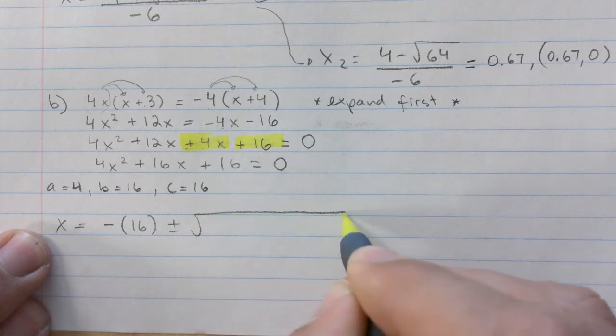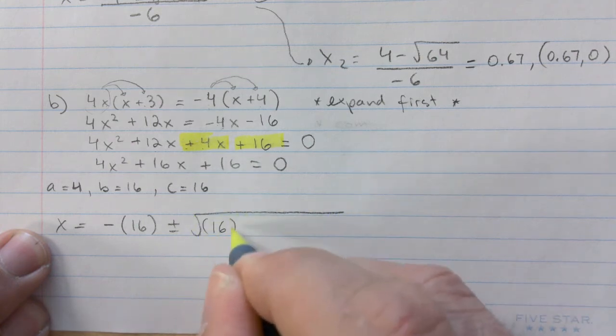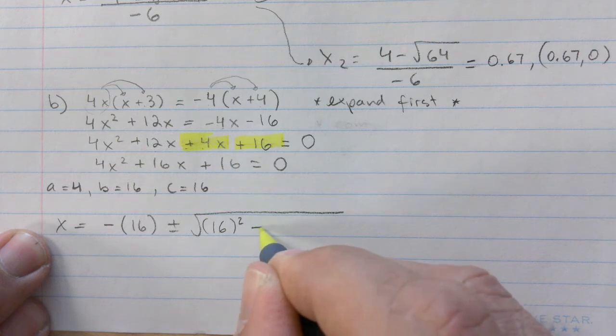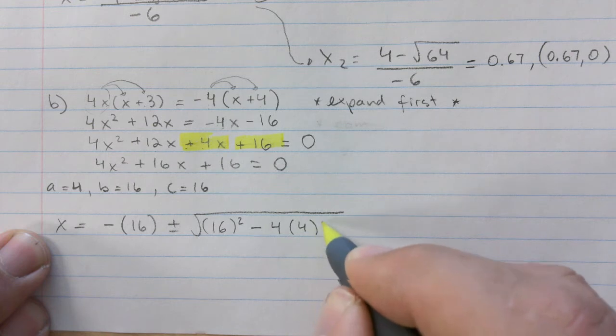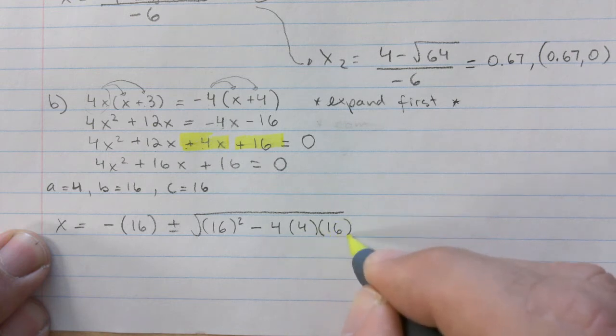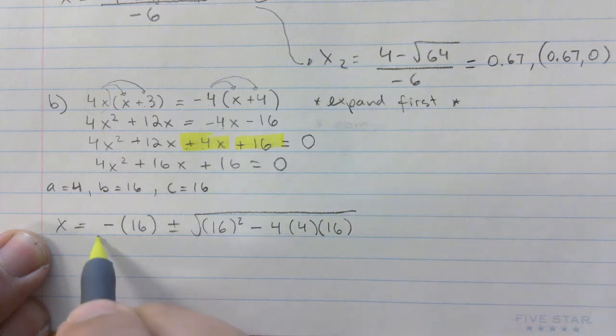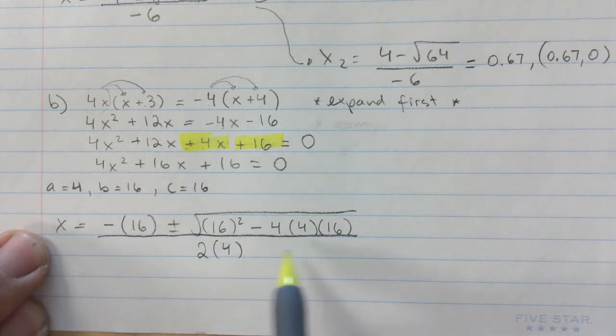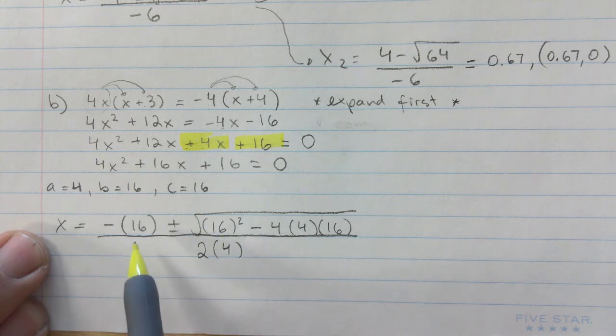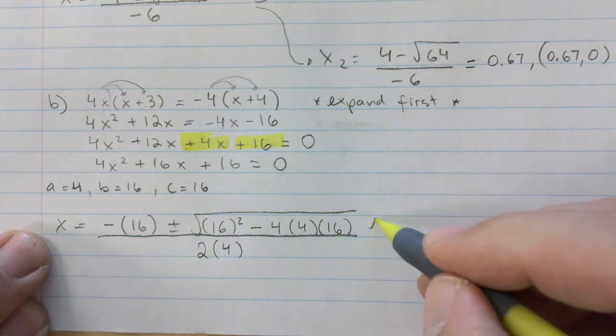Plus or minus 16 squared minus 4 times A times C, all over 2 times A. Another common mistake is that the 2A only affects the square root. It does not affect the first number. Make sure this line goes right across, and then we branch off.